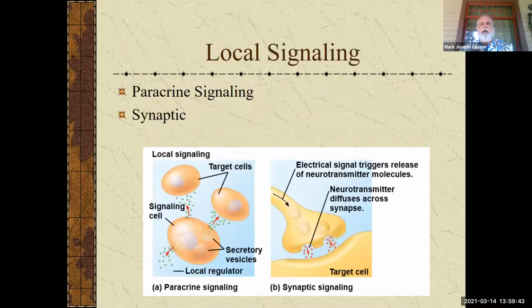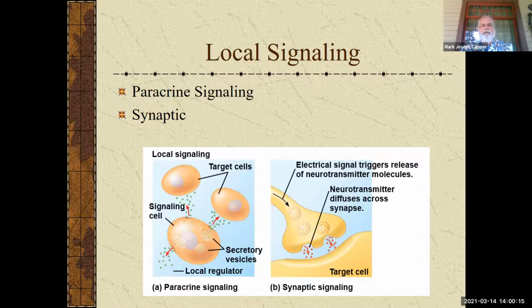All right, so let's talk about local signaling. There are two different types. What that means is they're right next to each other. They may not be touching like in the previous, that's the direct contact, but they're not very far. Paracrine signaling is the first one, where you have something secreting a signal. Again, that term I want you to know is ligand, L-I-G-A-N-D.